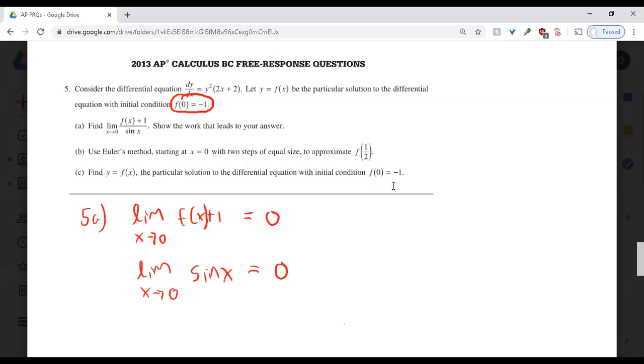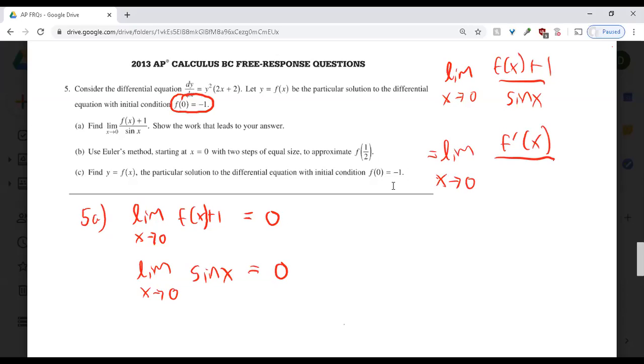So the limit as x approaches 0 of f of x plus 1 over sine x must equal the limit as x approaches 0 of the derivative of the numerator, which is just f prime of x, over the derivative of the denominator, which is cosine x.